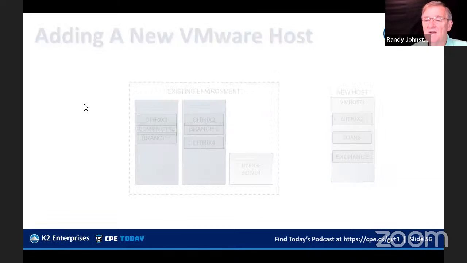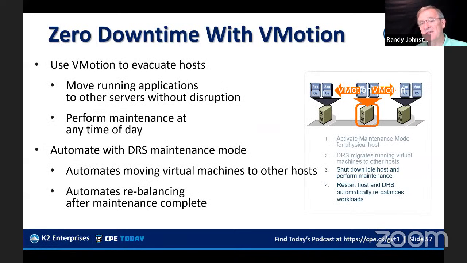Now, part of the reason virtualization is a big deal is because it helps with zero downtime. In the VMware world, the vMotion capability is able to be activated based on what's going on with the machines themselves.